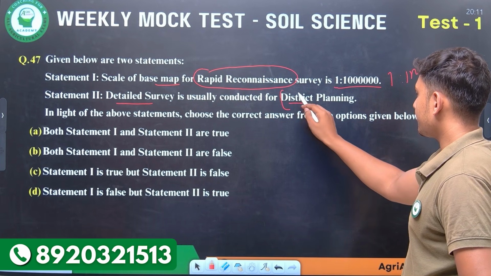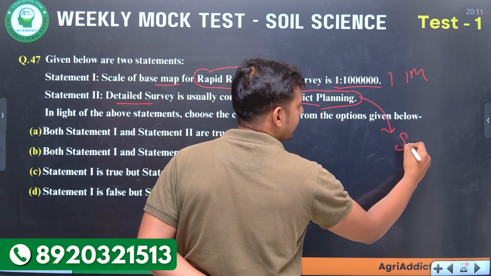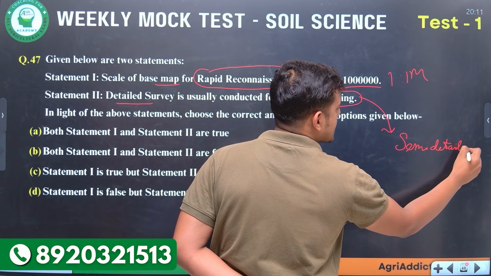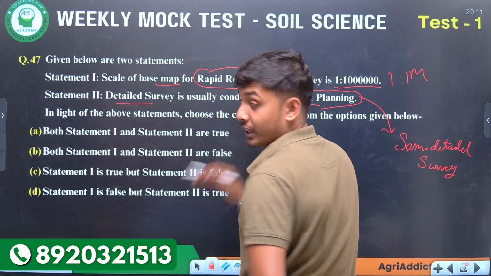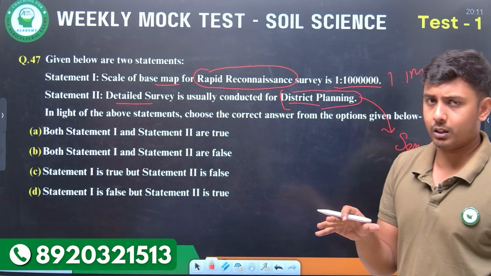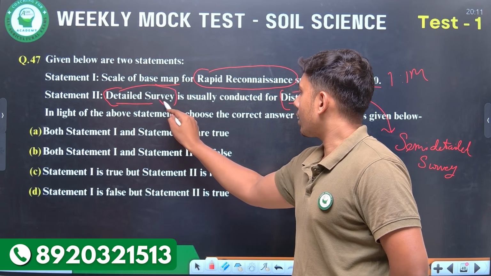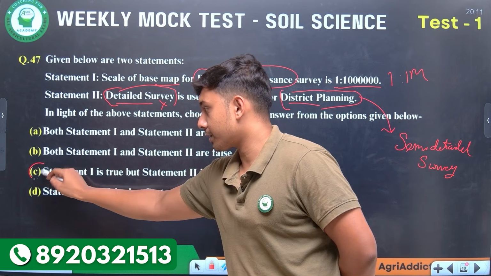This is false. For district planning, actually semi-detailed survey is used. Okay, and for village planning or more specific area of the zone, that will come under the detailed survey. So it is wrong. So 1 is correct and statement 2 is false. This one, C will be the answer.